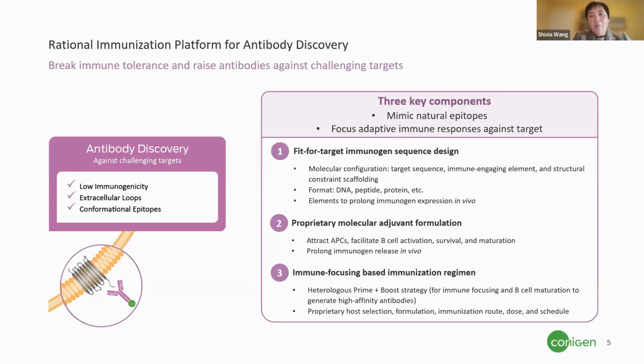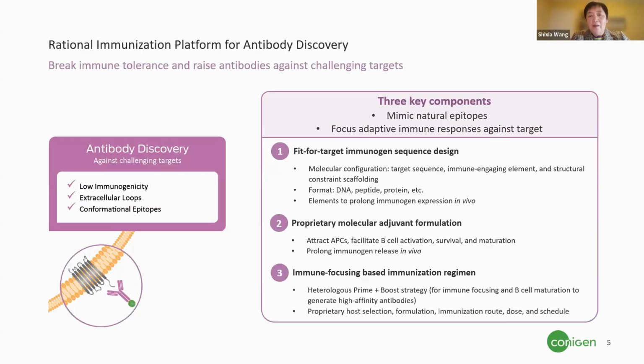In this one, we first use Conigen's proprietary algorithm to analyze the target and design the protein sequences to mimic the natural epitope and the conformation. We also include immune engaging elements and some other elements to prolong the antigen presentation in vivo, inside the immunized animals.